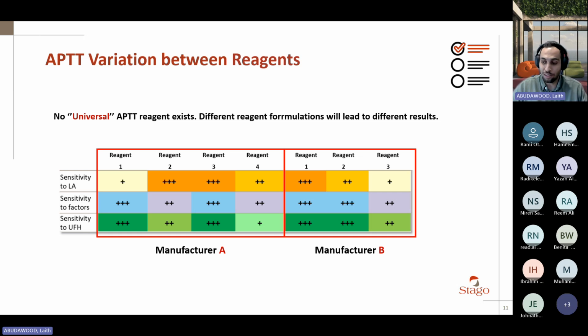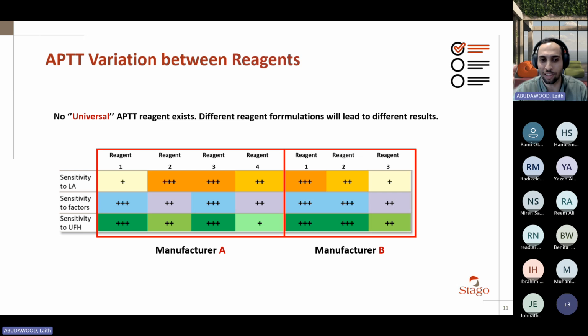So it tells you that there is no reagent like the other, even within the same manufacturer, in terms of its sensitivity to these things, the lupus, factors and unfractionated heparin. So if the customer comes to you and says, no, no, no, Sysmex reagent is perfect, it does everything perfectly.